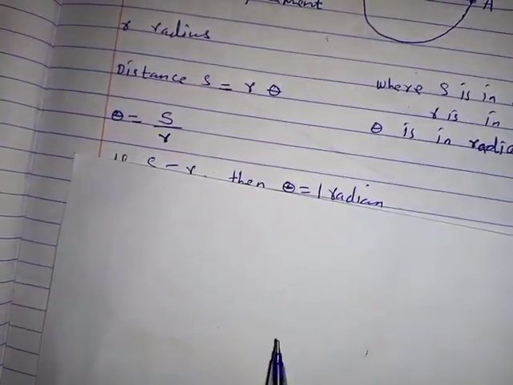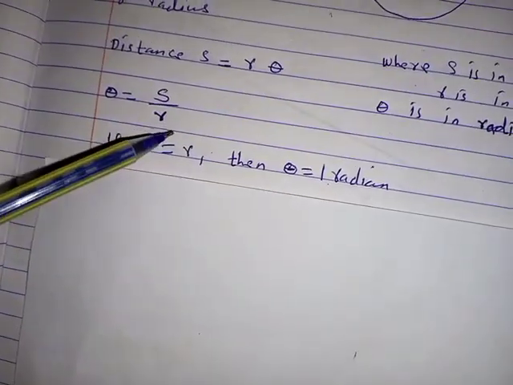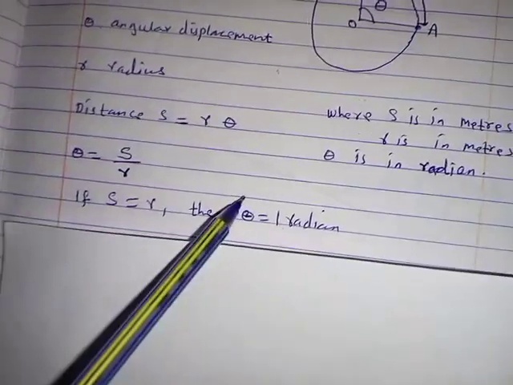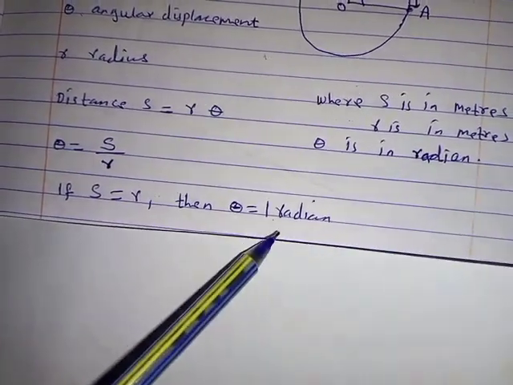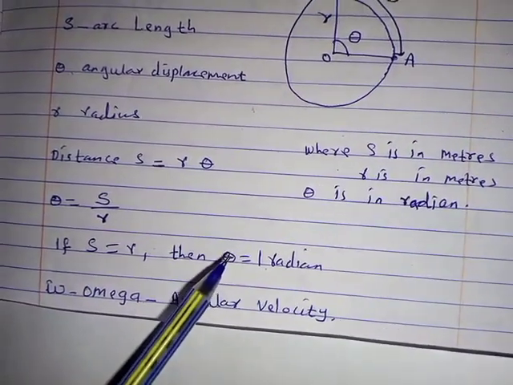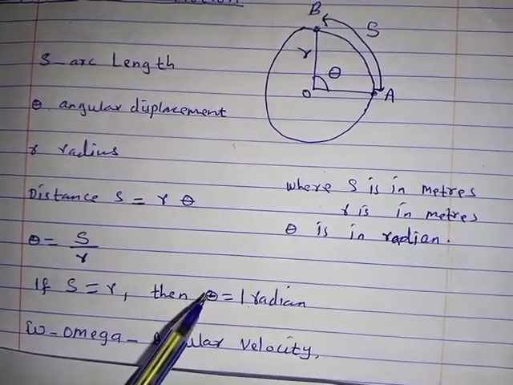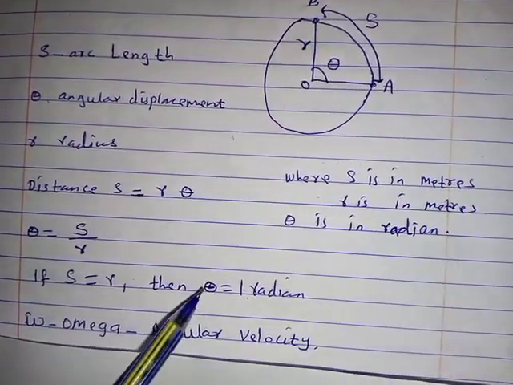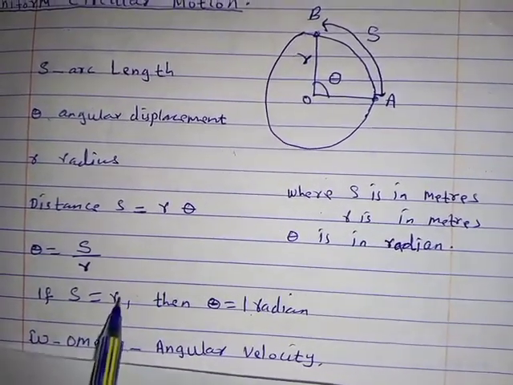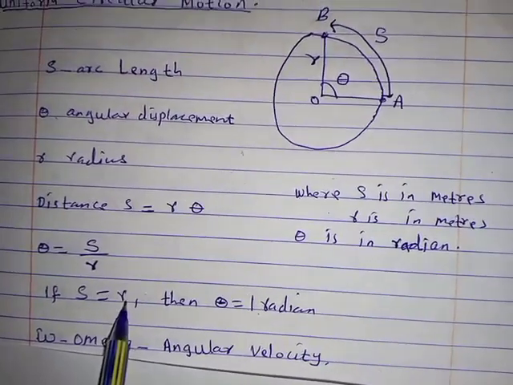In case the radius is equal to the arc length, that is what is referred to as 1 radian. So 1 radian is defined as the angle subtended at the center of the circle by an arc length which is equal to the radius of the circle.